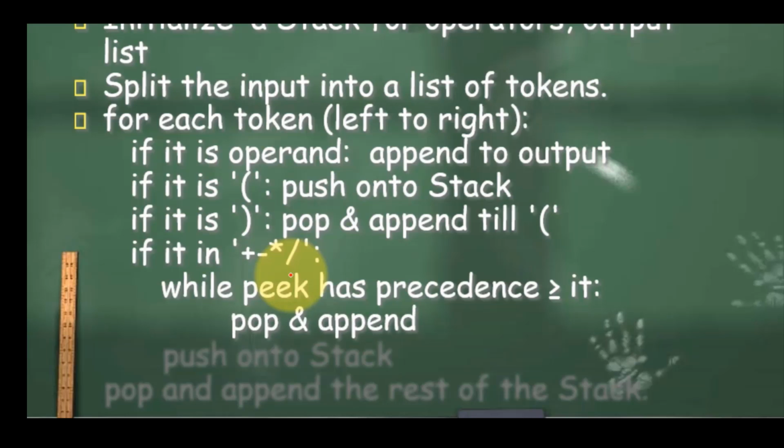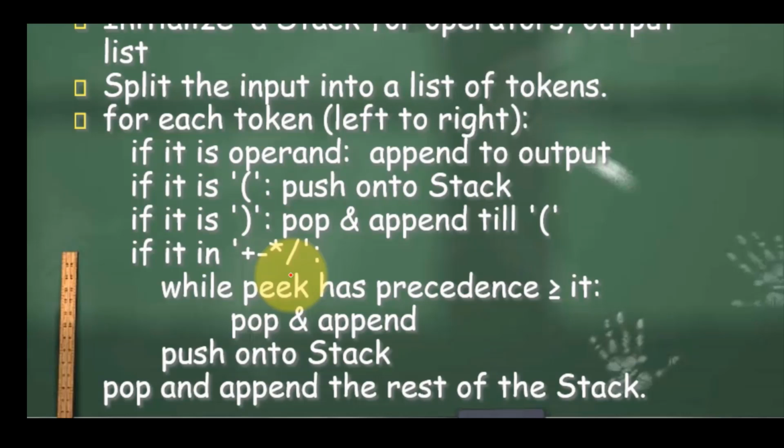Then next is to insert again into the stack. Just like this is an algorithm, it will do the same process, try to remove it, and then insert it into our stack.